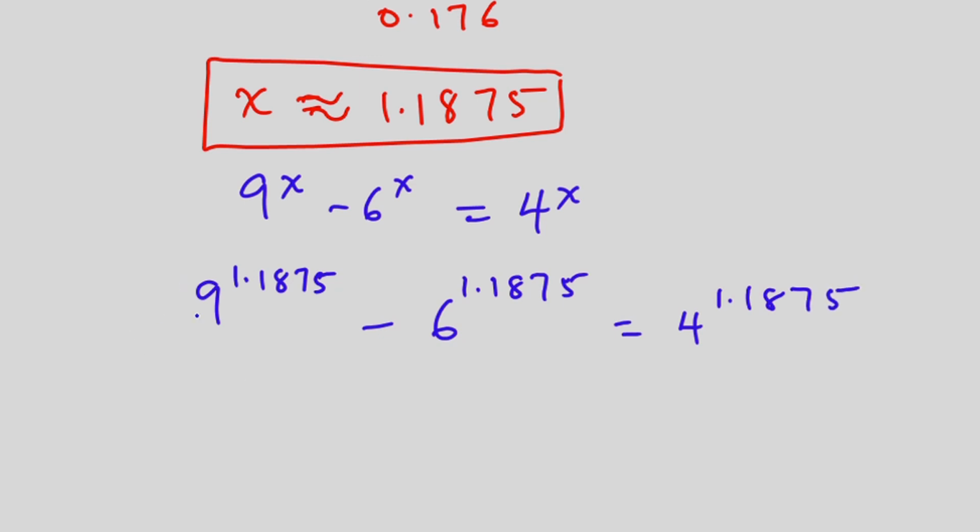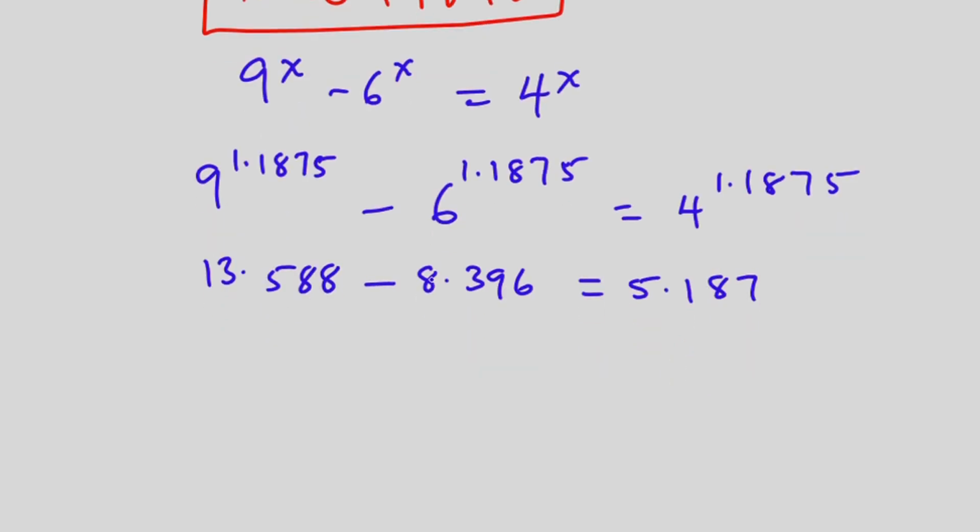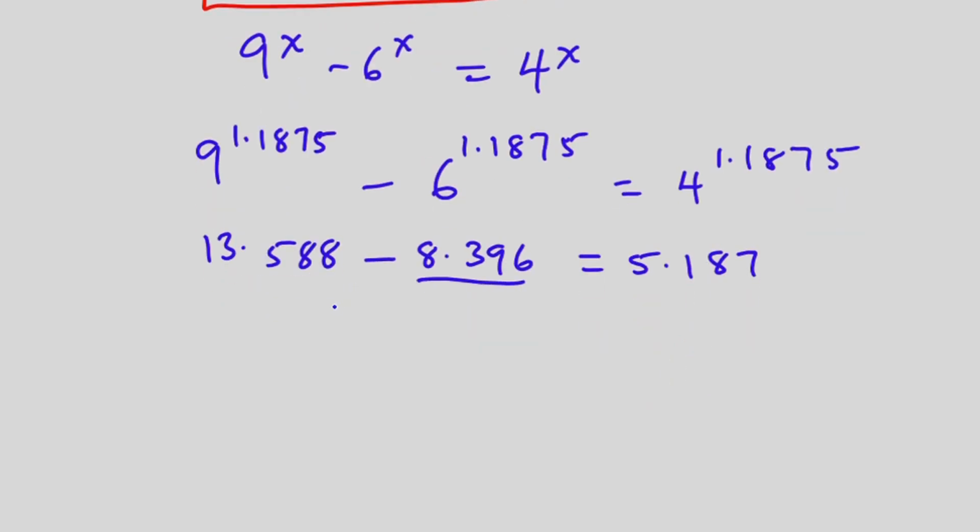Now, 9 to the power of the whole of this will give us 13.588, then minus 6 to the power of the whole of this one here will also give us 8.396. Then on the right hand side, 4 to the power of the whole of this will give us 5.187. Now, if we take the whole of this from this one, we're going to have 5.192, and on the right hand side we have 5.187.